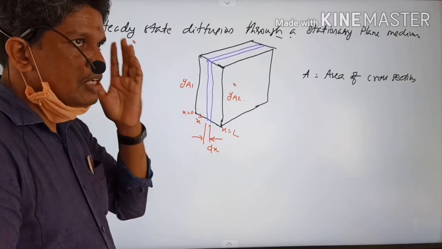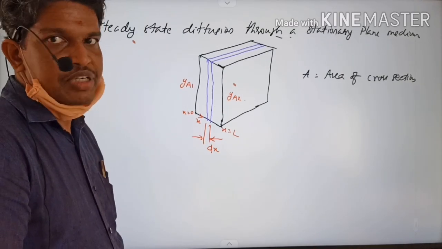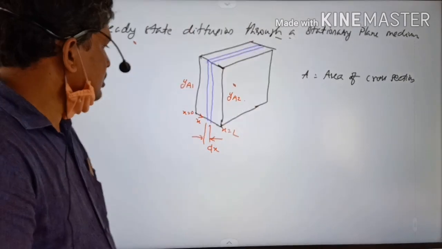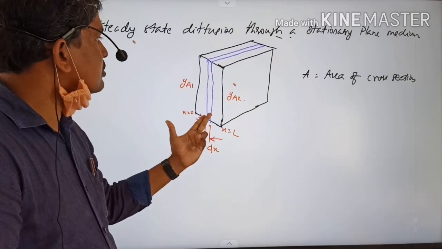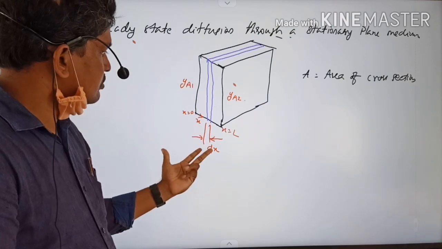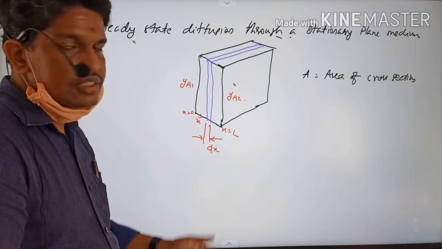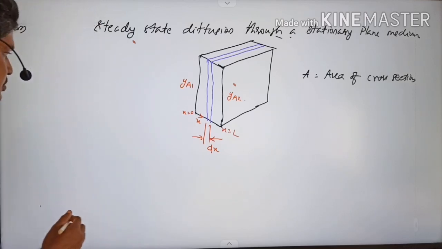For simplicity I am considering a binary mixture. Now we consider an elementary plane of thickness dx.